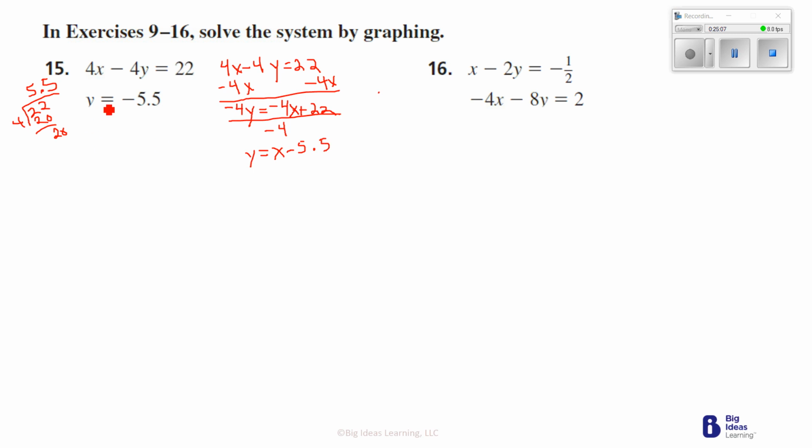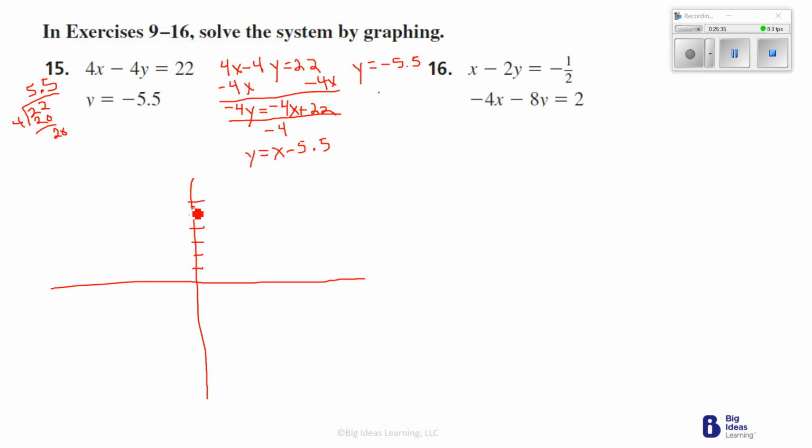The second one just says y is equal to negative 5.5. All right, so let's go ahead and graph these. If I graph these, and I really don't have to graph it too much, because this one over here says the starting point, right, was 5.5. So 1, 2, 3, 4, 5, 6.